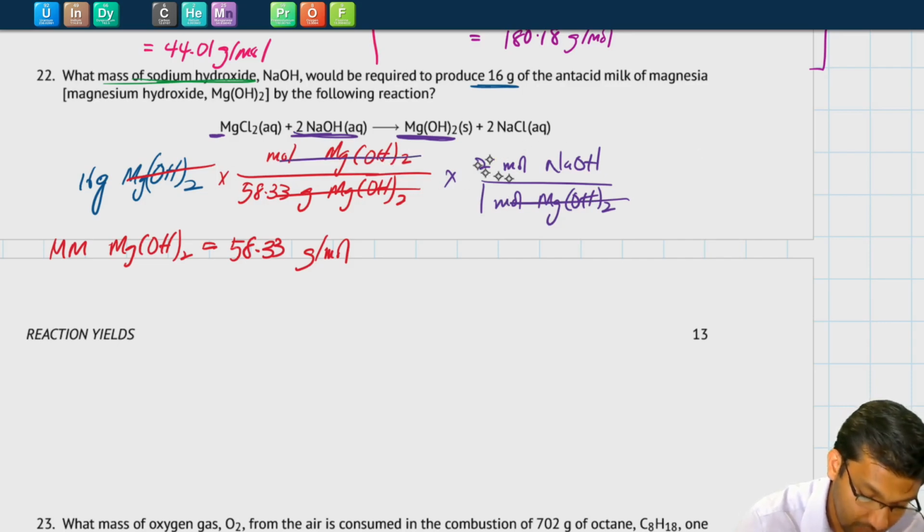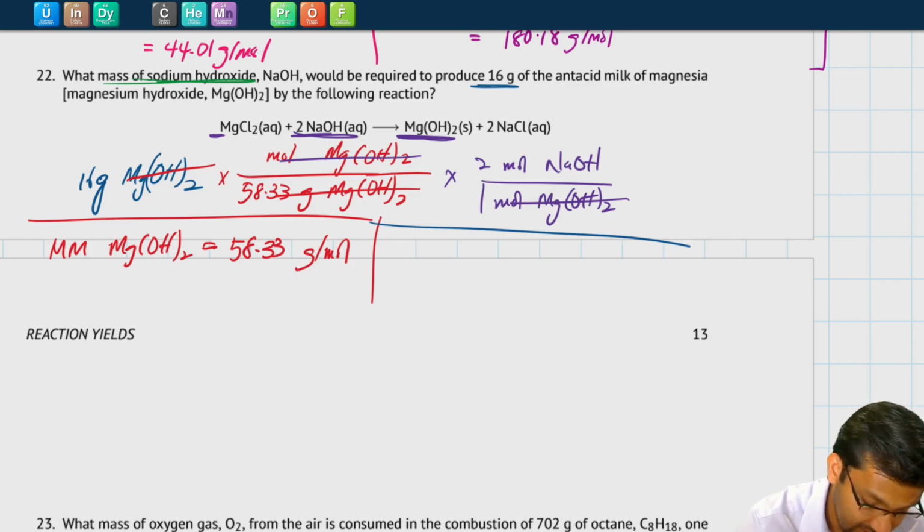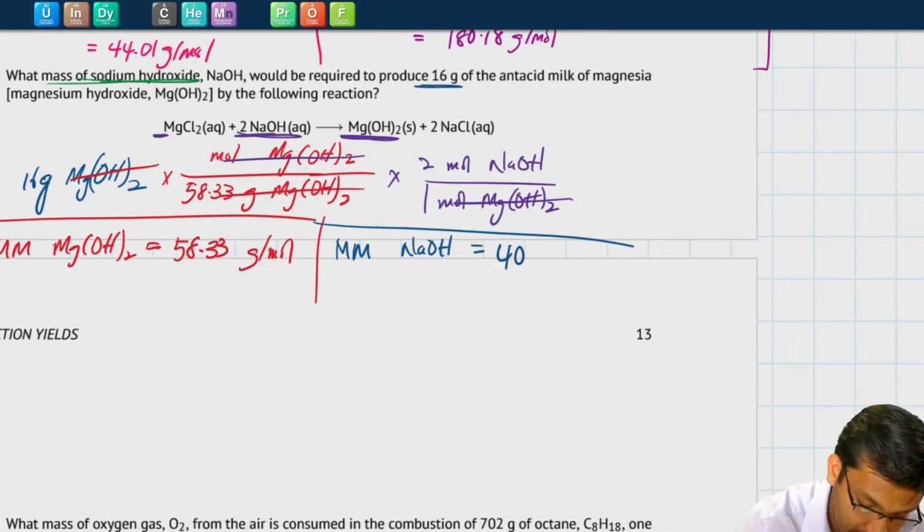So that leaves us with moles of NaOH. And then finally, we can convert to mass of NaOH by using the molar mass of NaOH, which, if you do the calculation, is 40.00 grams per mole.